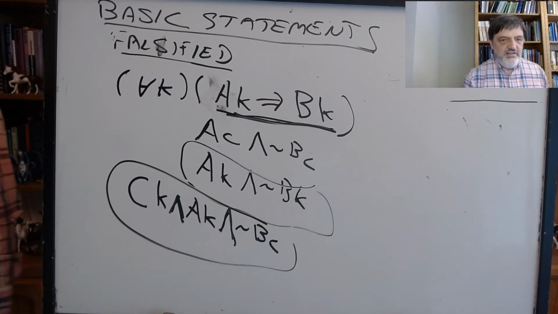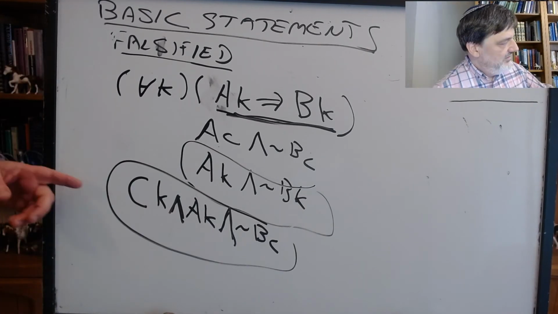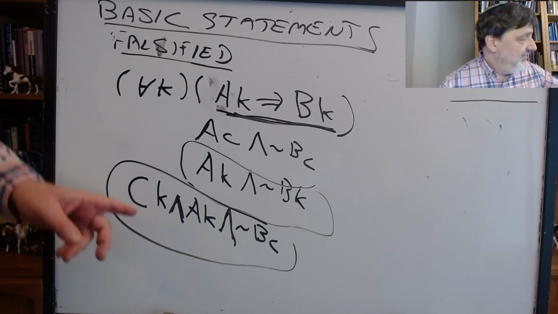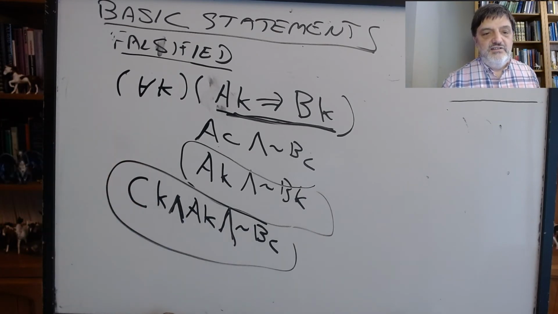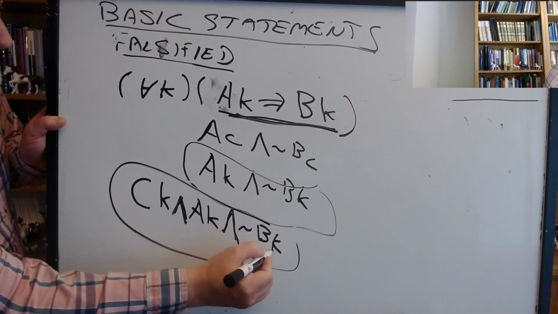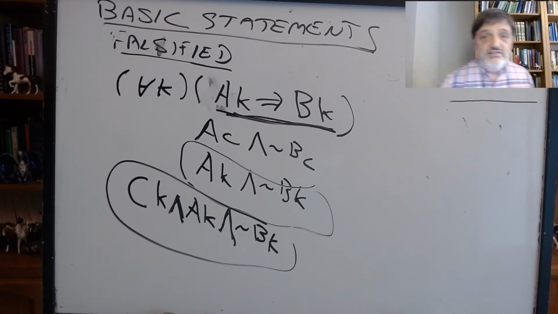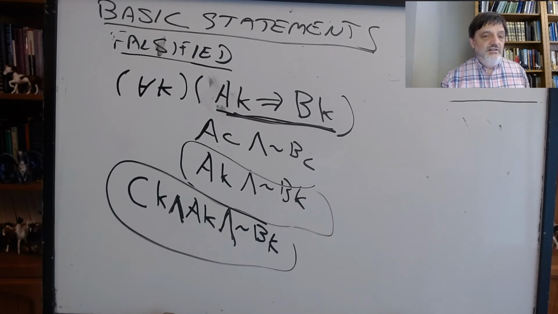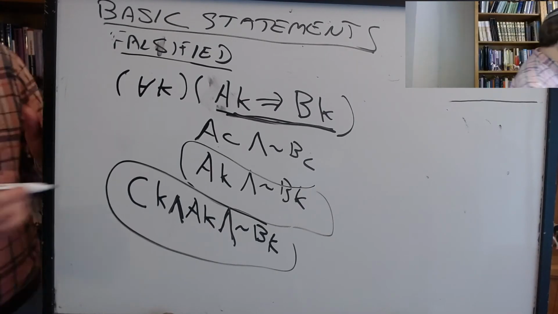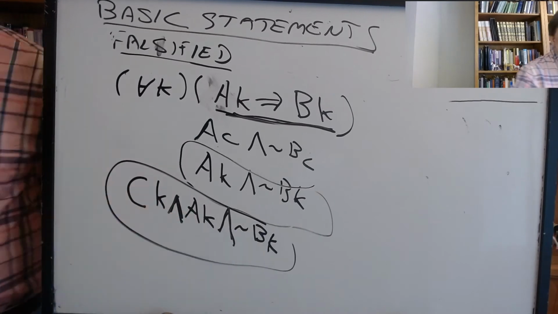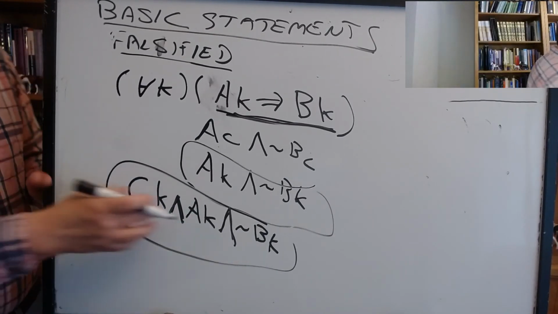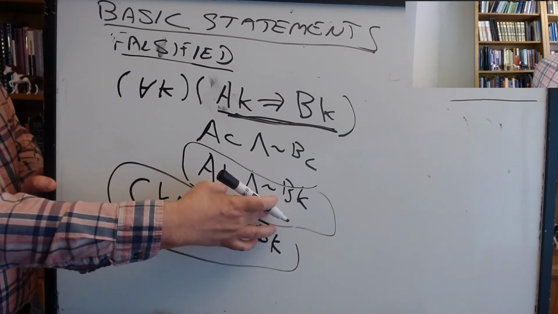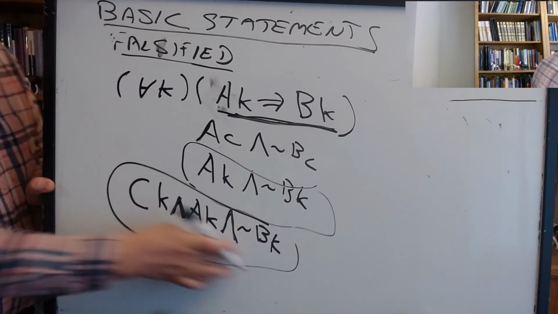That is, C is true of K, and there's a swan at K, and whatever is at K is not white. I mean, that's obvious, right? It doesn't matter what C is. If something contradicts this, then it's going to contradict this.